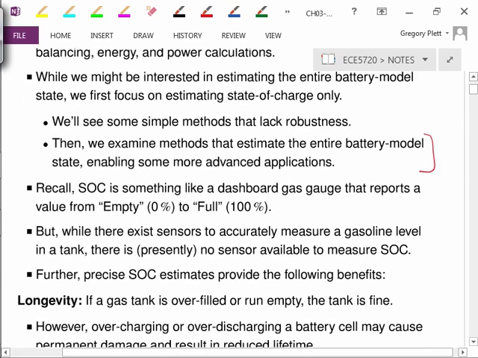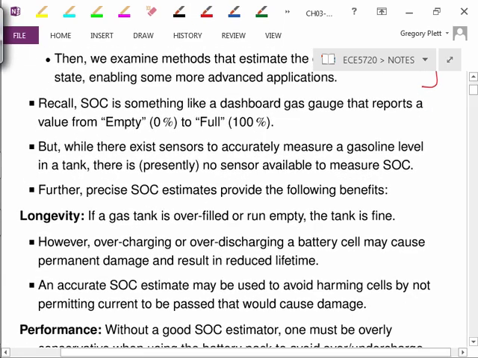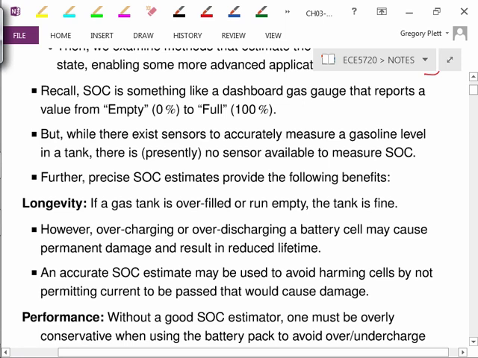State of charge. What is state of charge? Well, it's something like a dashboard fuel gauge. It reports a value from empty, notionally empty, which we would report as 0% state of charge, and notionally full, which we would report as 100% state of charge.